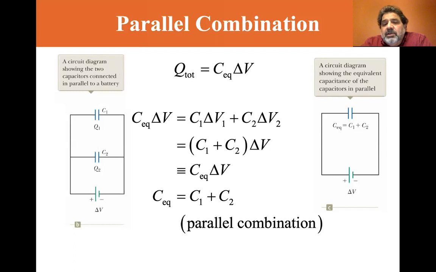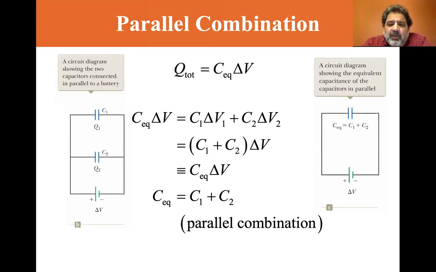So using the distributive property, since delta V1 equals delta V2, that equals C1 plus C2 times delta V. So the C1 plus C2 is the C equivalent delta V. So C equivalent is equal to C1 plus C2.